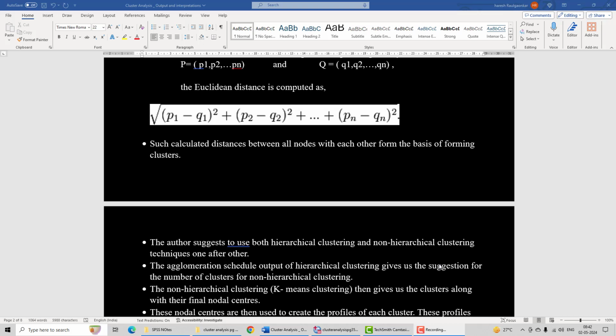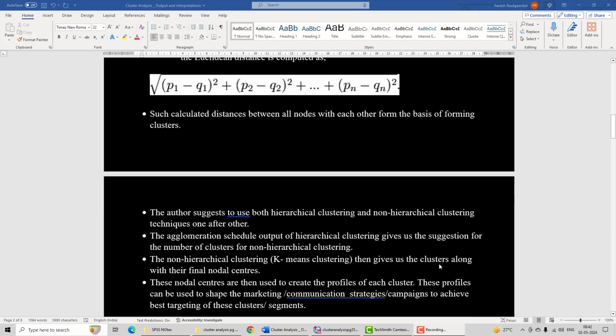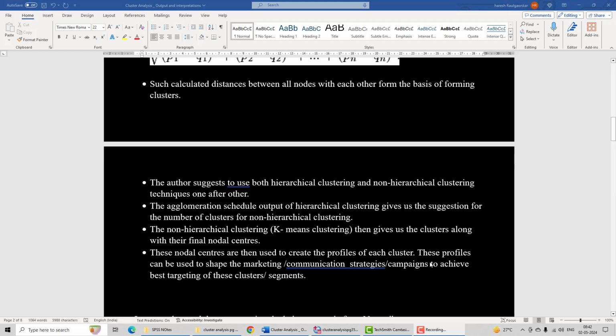When we use hierarchical clustering, it gives us an agglomeration schedule, and this output gives us a suggestion for how many clusters we should go for in non-hierarchical clustering, where we need to give a fixed number of clusters. The non-hierarchical clustering, which is also called k-means clustering, then gives us the clusters with their final centers.